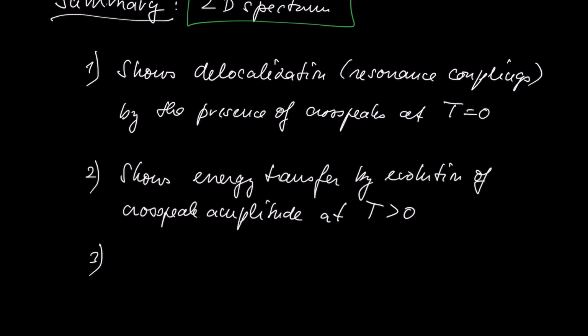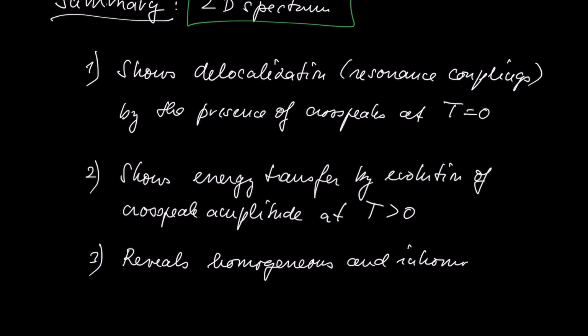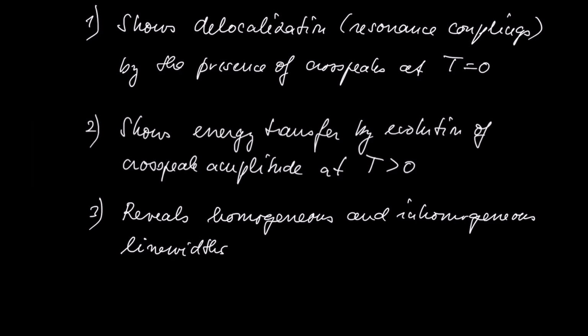And the third thing that is quite important and interesting is that it reveals homogeneous and inhomogeneous line width at t equals 0. It reveals the homogeneous and inhomogeneous line width.